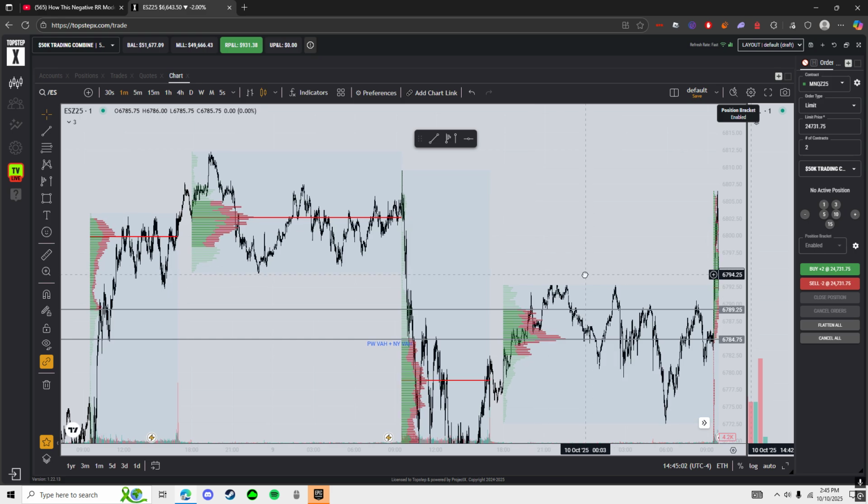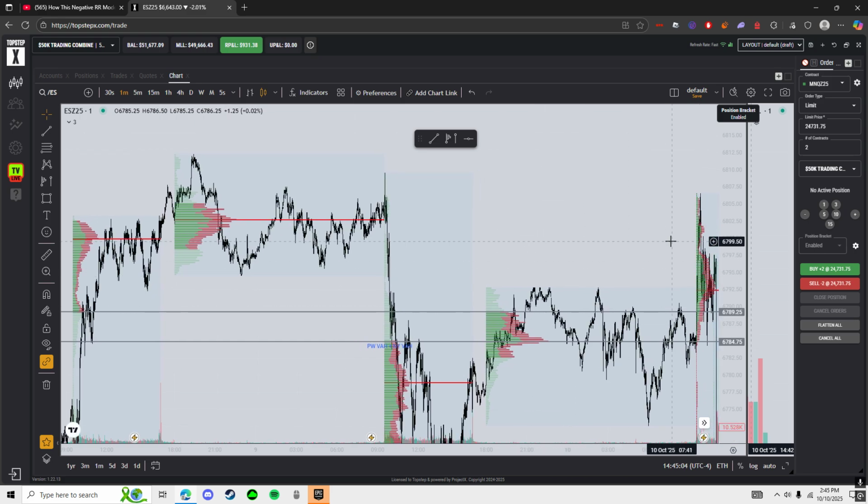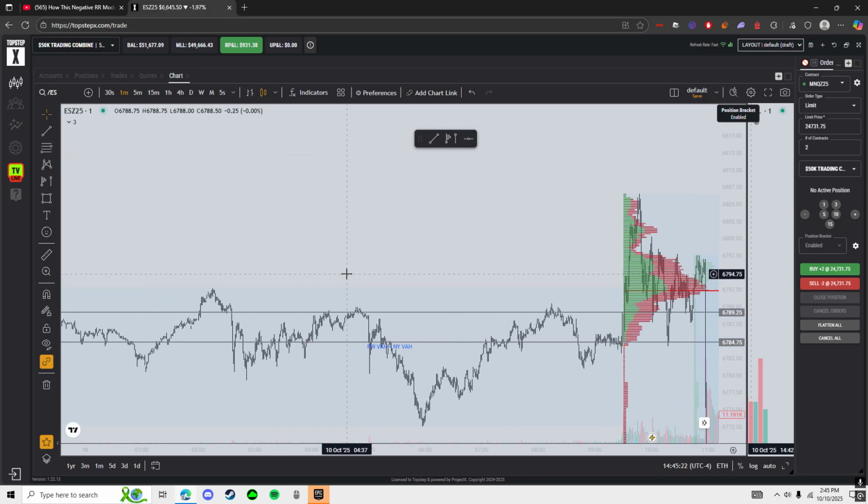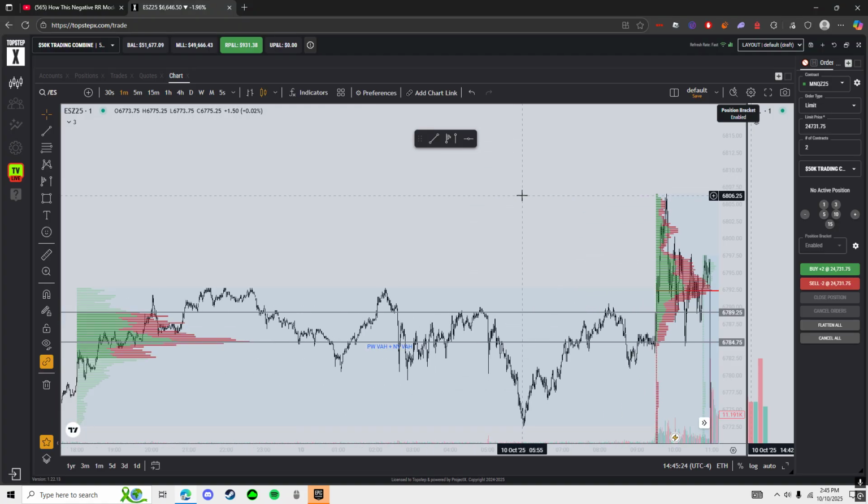But you can really just expect the market to do that even when we're only a bit bullish, because we have low liquidity here and we have volume up here. So you can expect this move to be quick and fast only because there's low liquidity, not because we're super bullish and going to all-time highs.